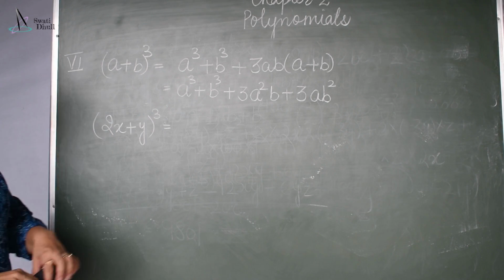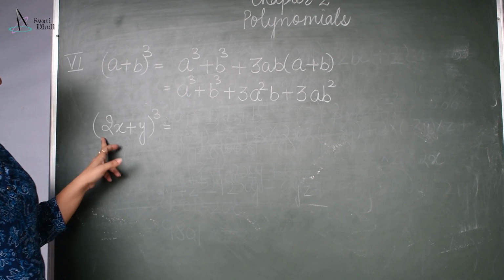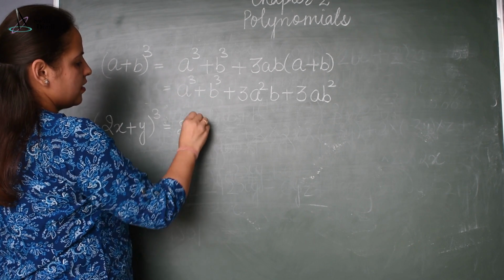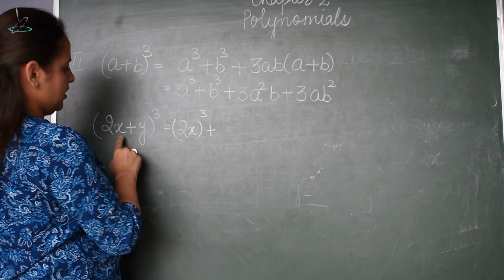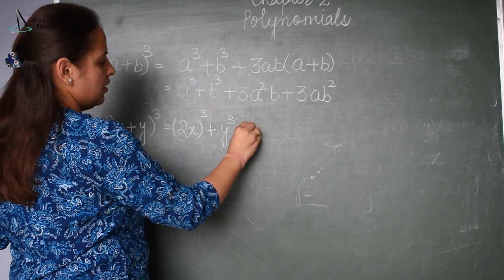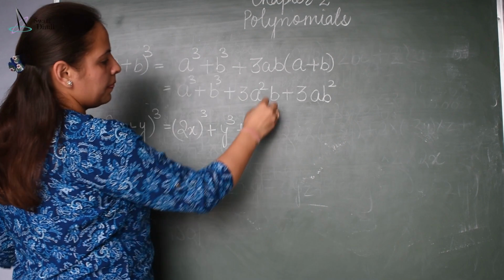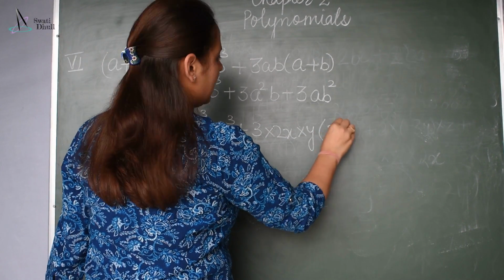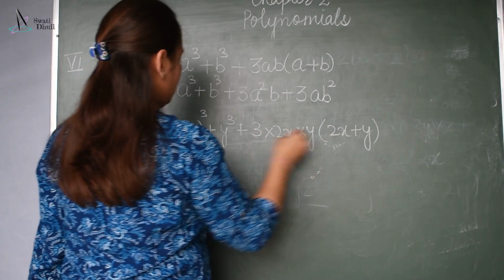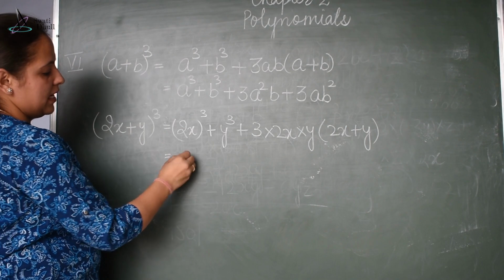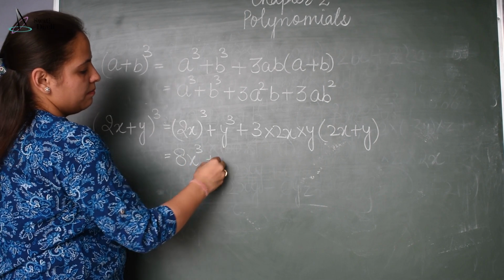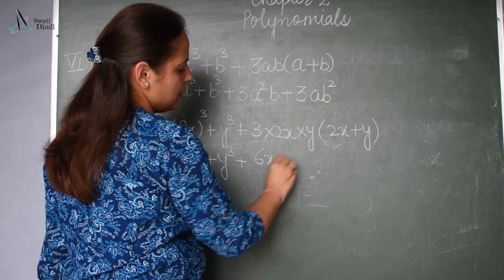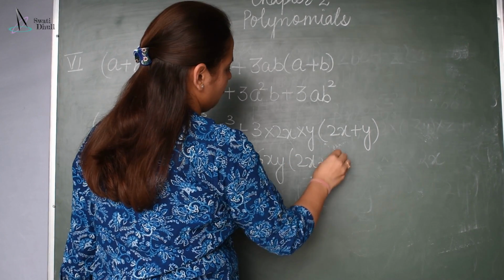That is equal to, in place of a you have 2x, in place of b you have y. Now let's simplify. (2x) whole cube, plus b is y, so y cube, plus 3ab into (a + b). Now let's simplify. (2x) whole cube is 8x cube, plus y cube, plus 3 2s are 6xy into (2x + y).